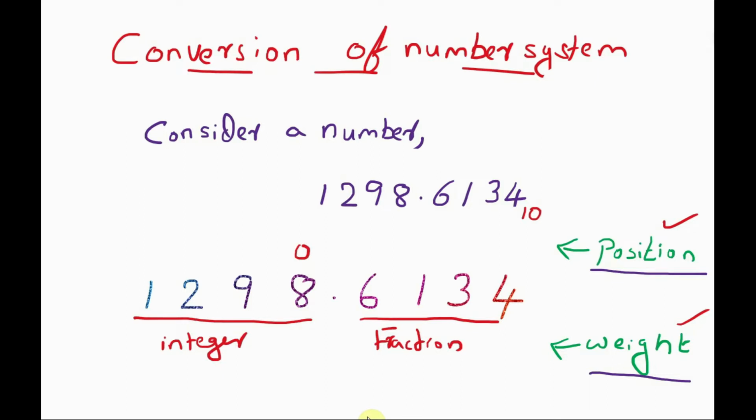That is, 8 is in 0th position, 9 is in first position, 2 is in second position, 1 is in third position, and the position will increase as we move to the left. So for the integer part, the position starts from 0 and goes on increasing as we go to the left.